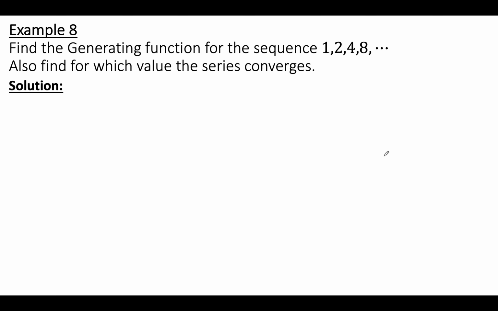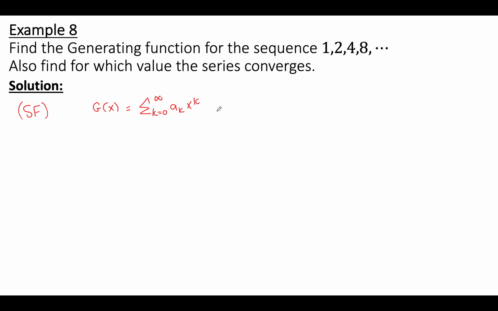Okay, one more example. We need to find the generating function for the sequence 1, 2, 4, 8, and also we need to find the values for which the series converges. Okay, all right, starting with the summation form. Let's make it short now. So g of x is equal to sigma starting from 0 until infinity of a_k x to the power k.